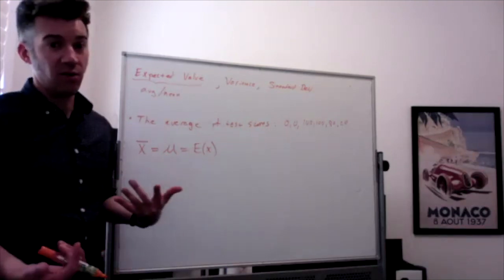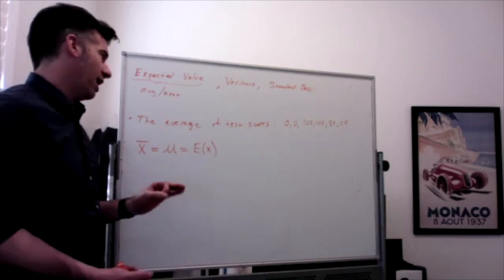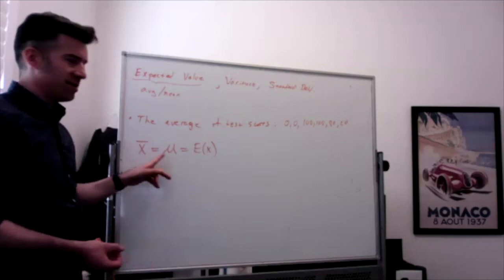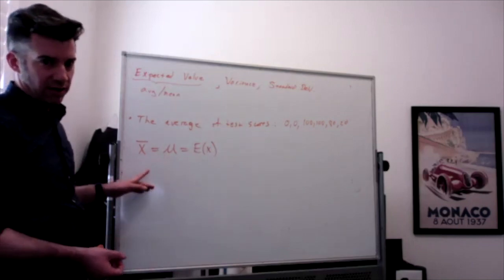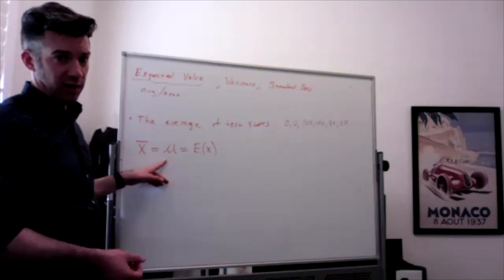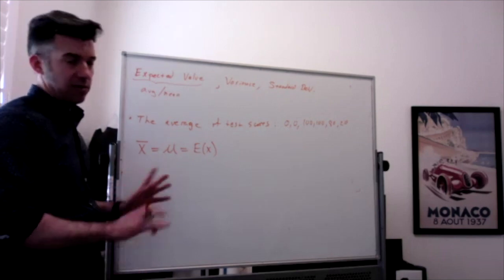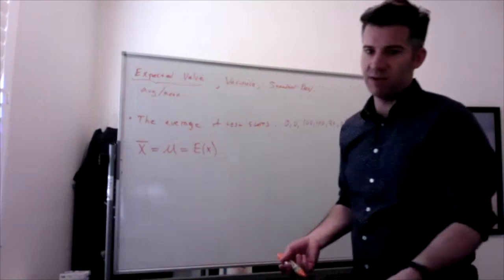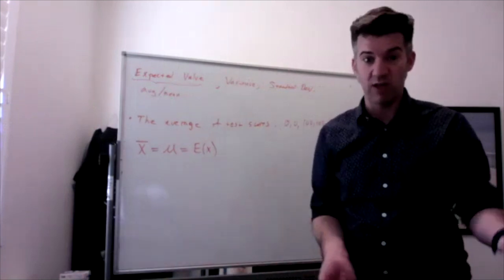But they literally all mean the same thing. I should back up a tiny bit. In stats, these have slightly different meanings, like this is the actual average of your population, and this is your estimated average. But we're not in stats, right? This is just math. So all these notations have the same sort of meaning. They mean find the average of the thing.